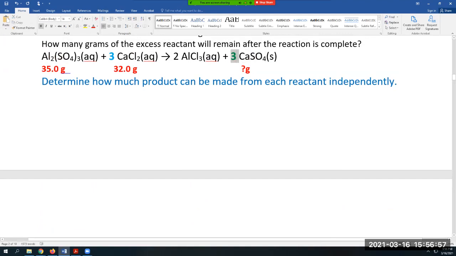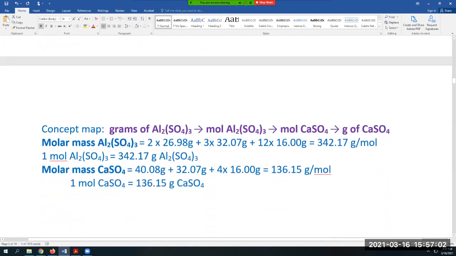The 3 is here in front of calcium sulfate. So mathematically, we write this like this. 1 mole of aluminum sulfate equals 3 moles of calcium sulfate. We have all our equalities, right? We need 3 of them, and we have them all. So we can start the calculation.